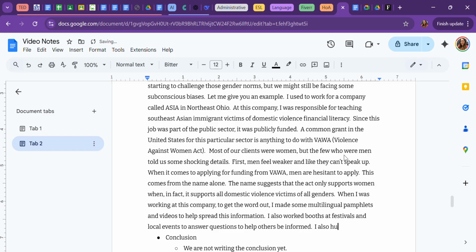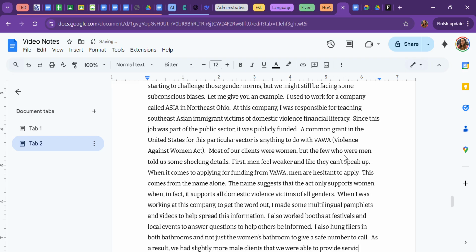I also hung flyers in both bathrooms and not just the women's bathroom to give a safe number to call. So these are the actions I took. As a result, we had slightly more male clients that we were able to provide services for.